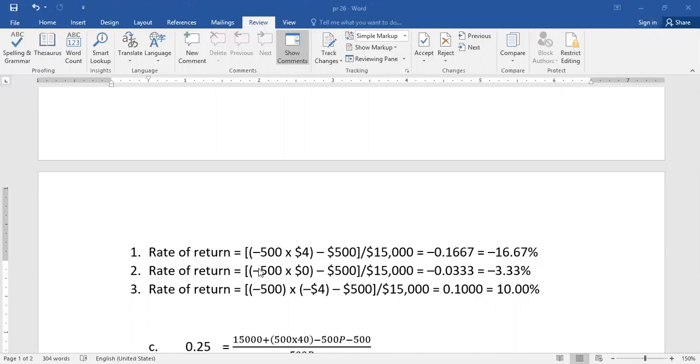So minus 500, which is the number of shares that I've sold, times 0, the change in price, minus 500, which is the dividend that I have to pay. Divide by the initial margin, $15,000, that is minus 3.33%. That is the rate of return if there is no change in the Intel share price.